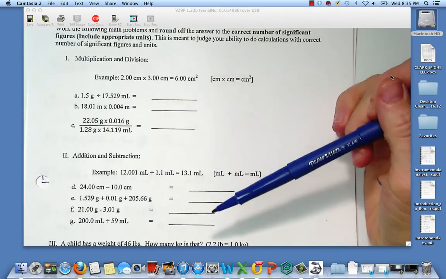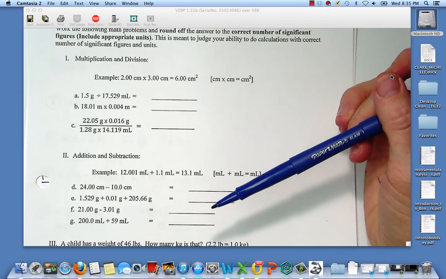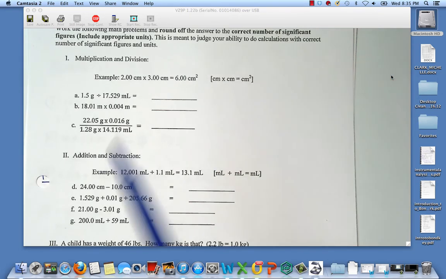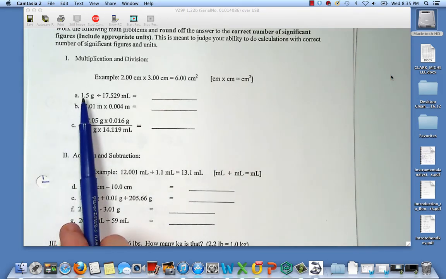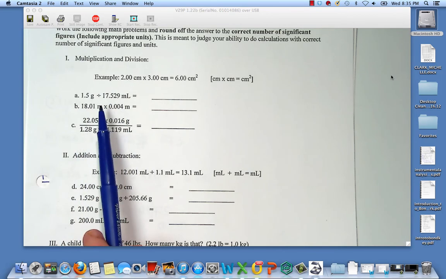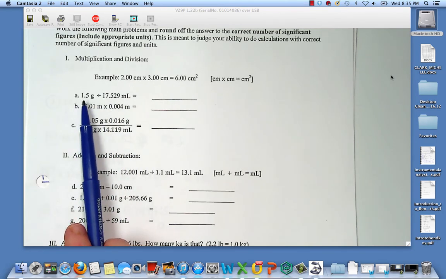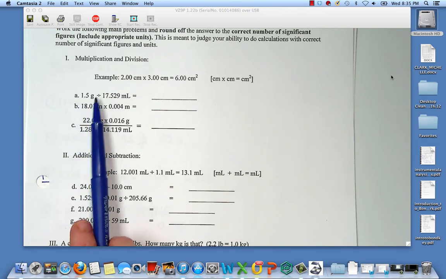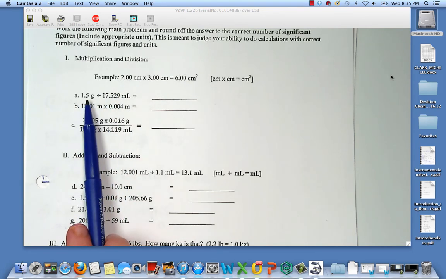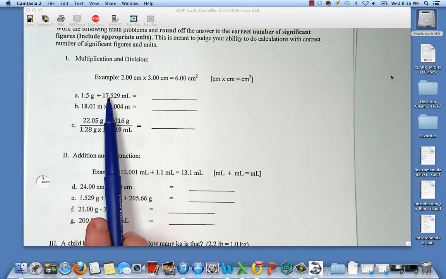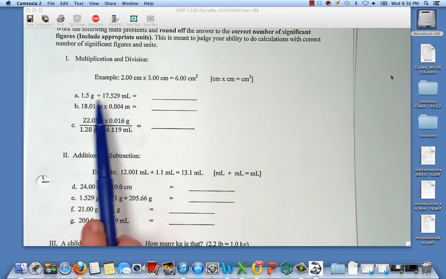All right. On page 21, this is the prelab. And there are good old sig fig questions on this one. With multiplication and division, what do you have to look at? The number of sig figs, right? The number of sig figs in either of the original numbers. So this is 2 sig figs, this is 5 sig figs.